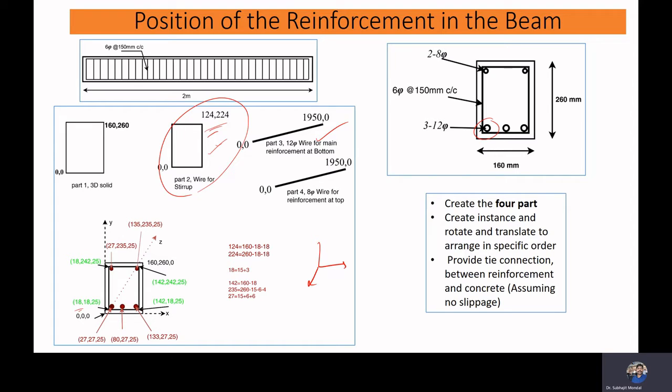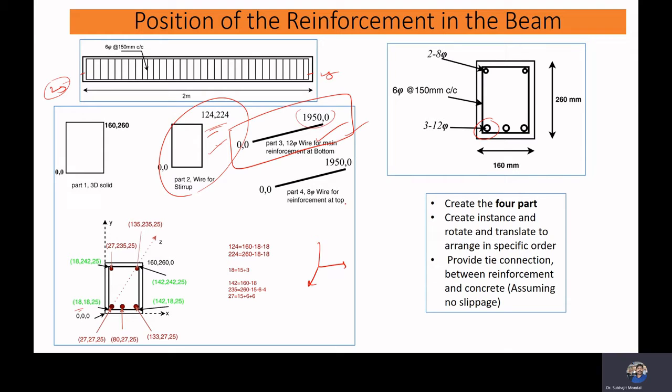First of all, you have to create the bar. The length of the bar will be 1950. So 1950 means here a 25 mm cover is deducted, and this side also you have to deduct 25 mm. So if you deduct 25 mm on both sides, it will come to 1950 mm.